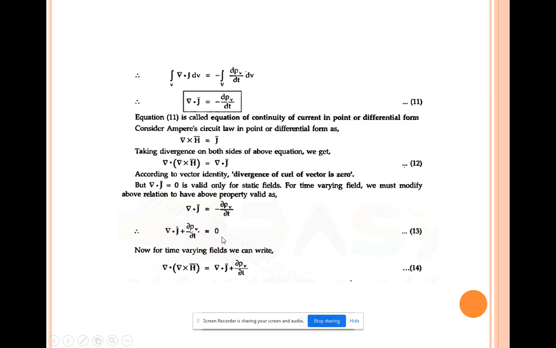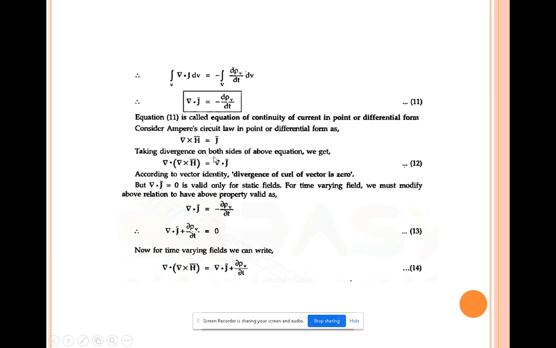So you can write the property for the varying field as del dot J vector equal to the above equation: del dot J vector equal to minus dou rho v by dou t. Taking the minus value to this side, del dot J vector plus dou rho v by dou t equal to 0. So for del dot del cross H vector in the time varying field, this equation will be included in place of del dot J vector.